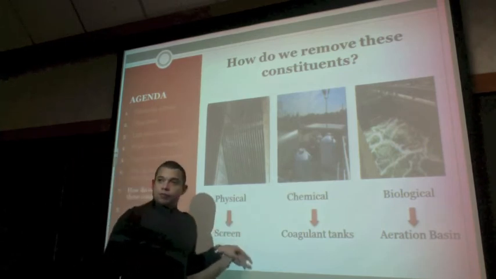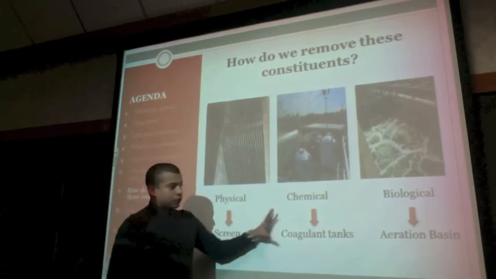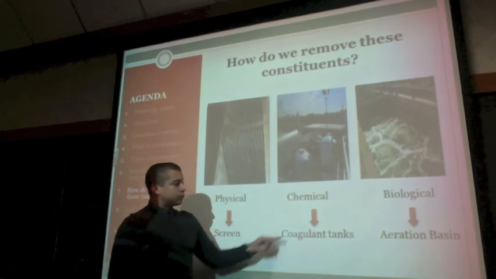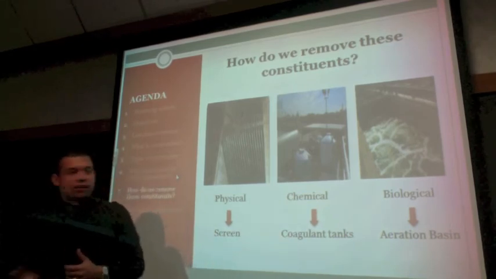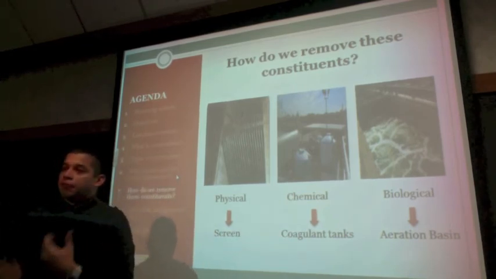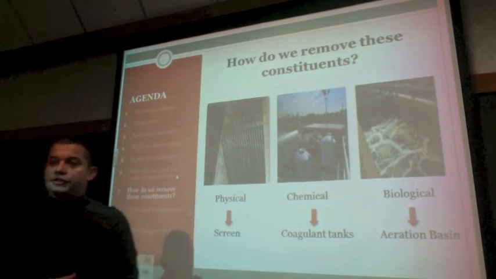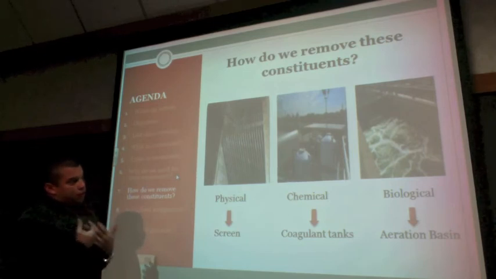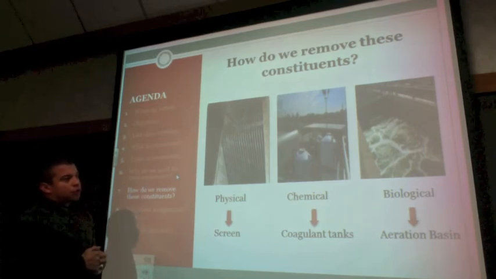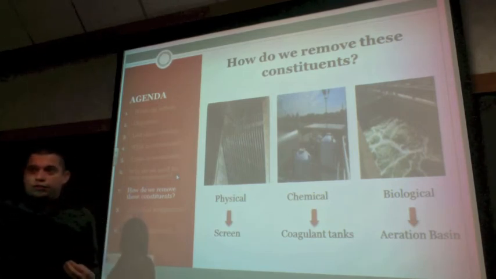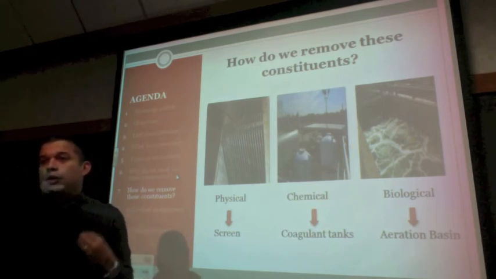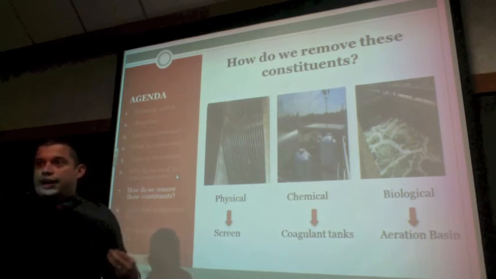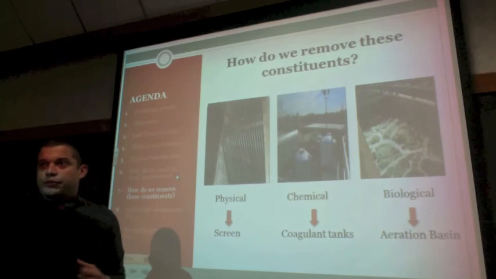Some examples of technologies: coagulant tanks for chemical, and aeration basins for biological. So those treatments are really important to take into account when we would like to operate or design a treatment plant system.